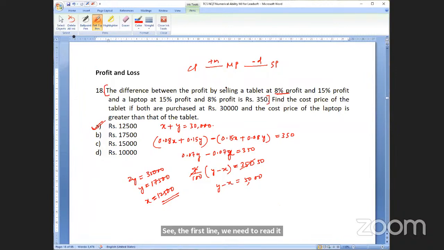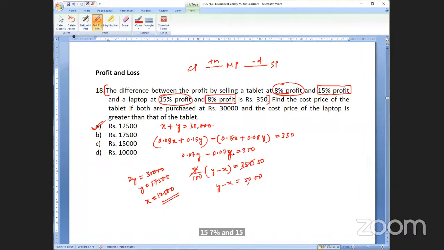It is something like tablet is sold at 8% profit and laptop is sold at 15% profit. If tablet is sold at 15% profit and laptop is sold at 8% profit, then difference between this circle and the box would be 350. That is 8, 15, 7%, and 15, 8, 7%.